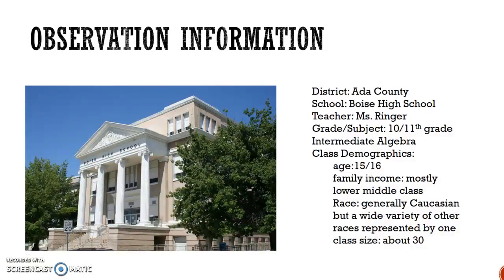I did my observation at Boise High School. My teacher was Miss Ringer, and the grade was 10th, 11th grade, a bit of a mix. They were in an intermediate algebra class. The demographics were mostly ages 15 to 16, with generally a lower middle class socioeconomic status, I guess.